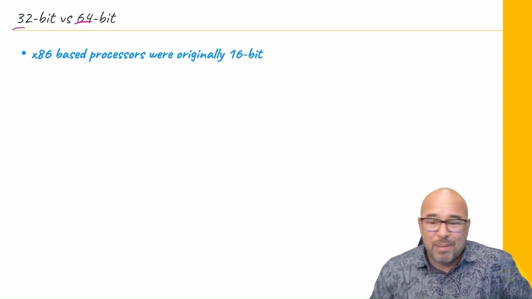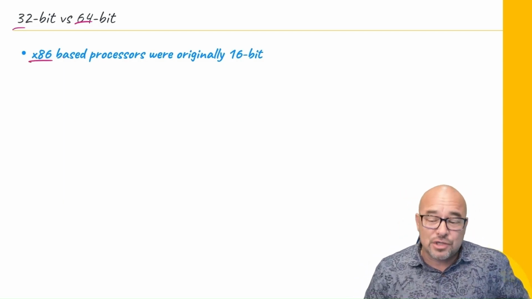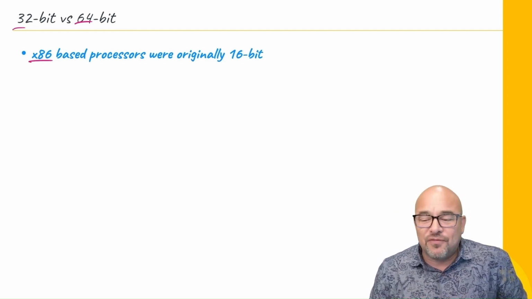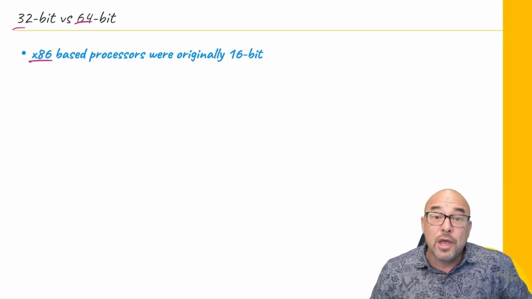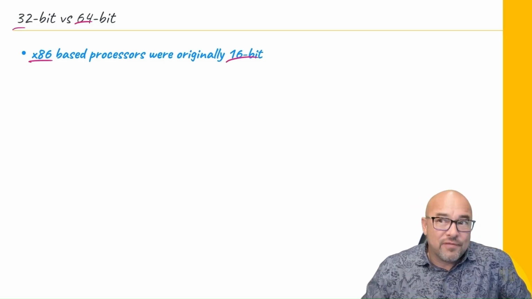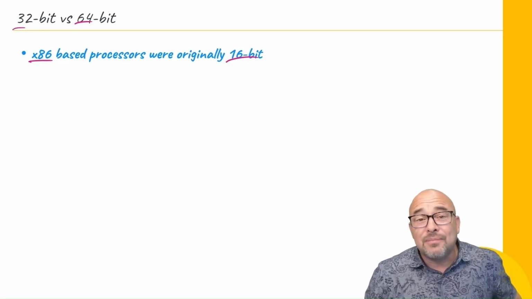So I don't think you'll see any new 32-bit processors on the shelf to buy, but the basic idea here is the original x86 based processors. That refers to an architecture from early processing that was used in, for example, disk operating system machines, DOS machines, in early Windows. They were originally 16-bit, and all of the software really was written with 16-bit instructions in mind.